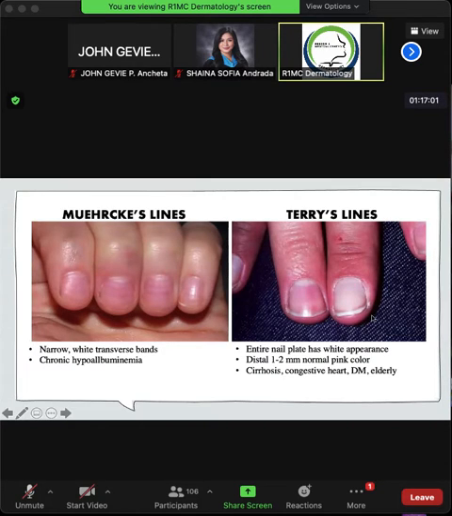So as you can see, the distal 1 to 2 millimeters of the nail shows a normal pink color, whereas the entire nail plate or proximal end has a white thickness. This may be due to the telangiectasias of the nail.